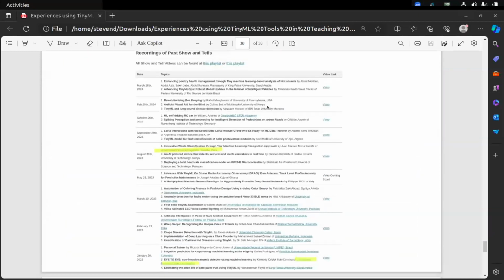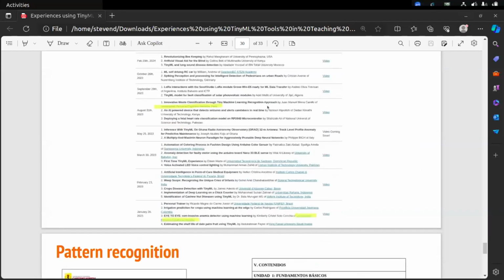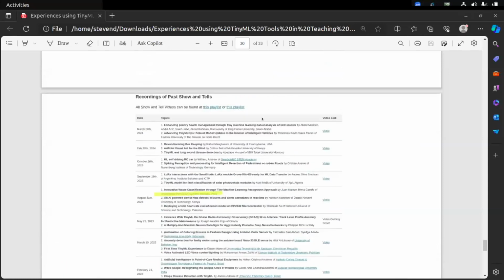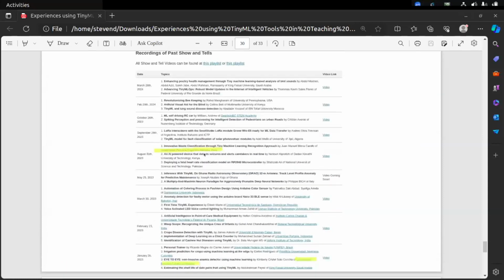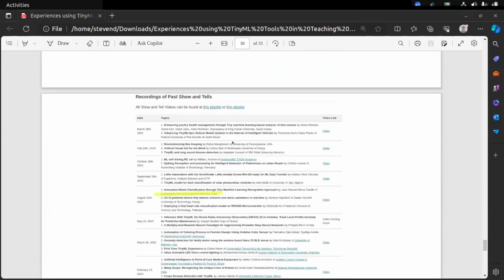In our course, we had the opportunity to present on two occasions, last year, but we constantly encourage our students to present at this kind of event for two reasons. One is that students are motivated to develop projects if they know the project will be shown to people abroad. And the other one is the community.